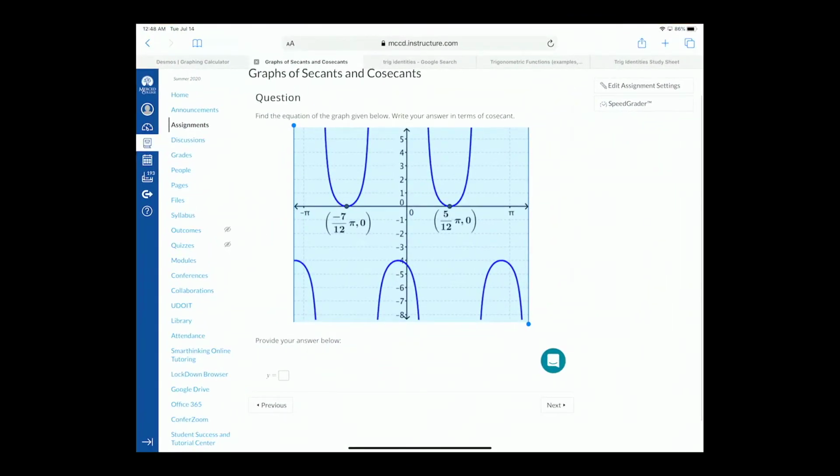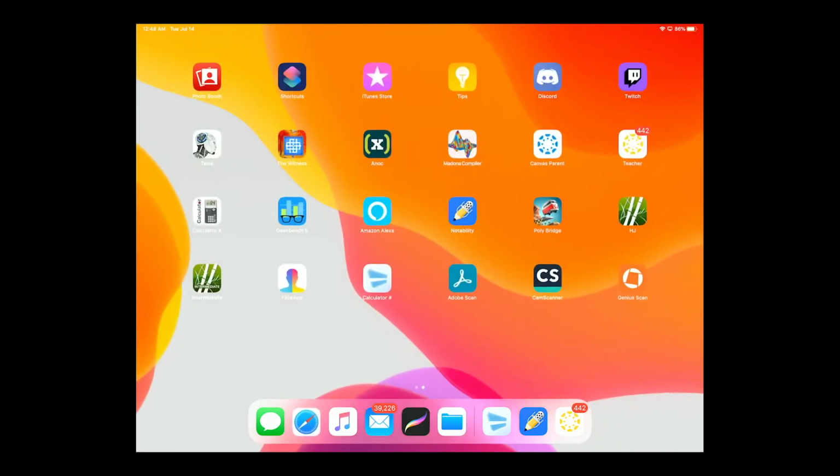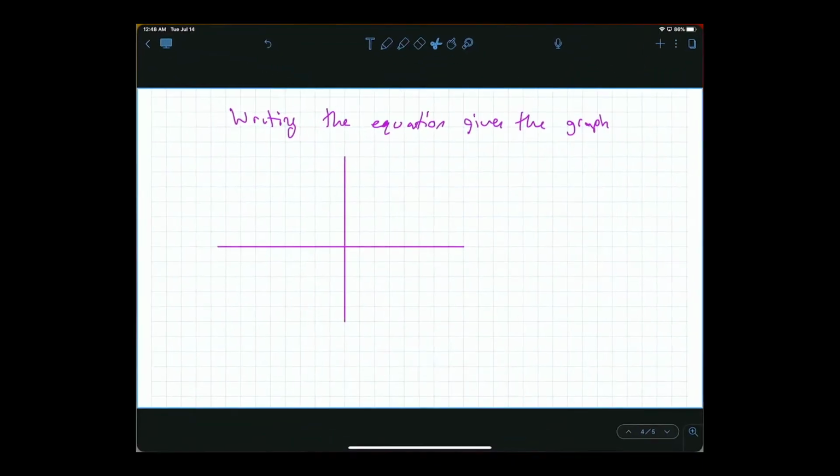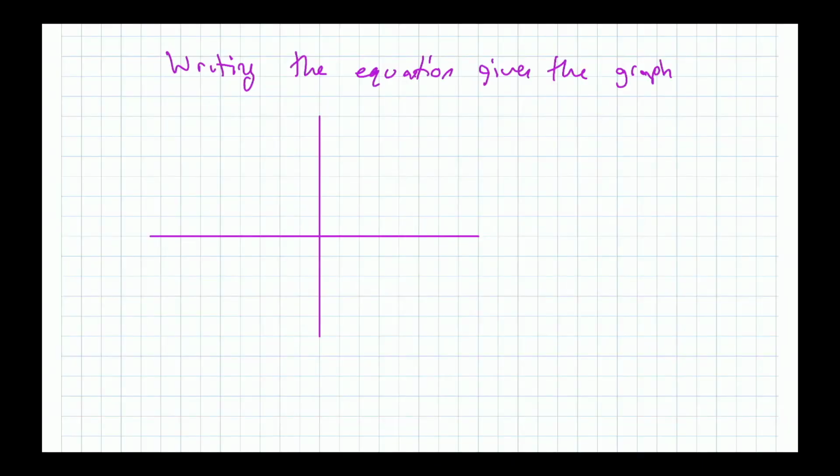What do we got? So we got 2 points. Negative 7 pi over 12, 0. Okay, there.